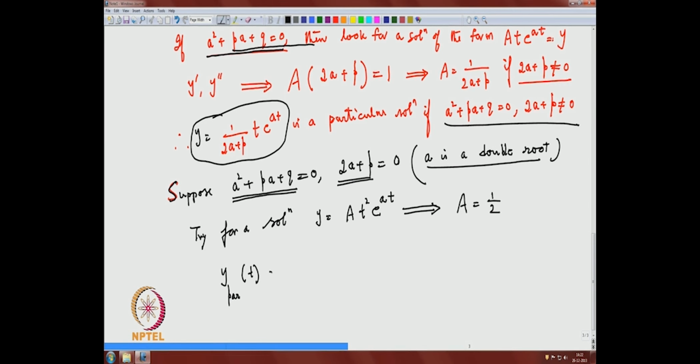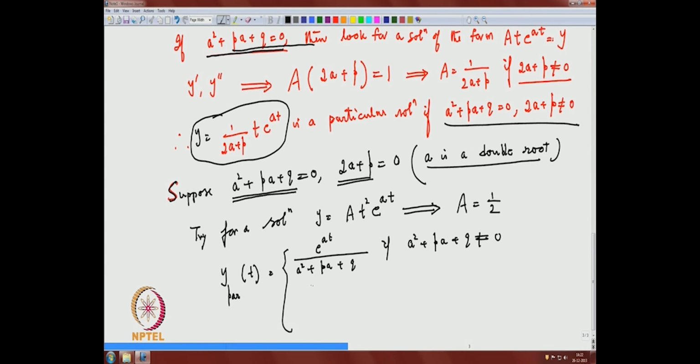Therefore, you get your particular solution y particular of t equal to e power a t by a square plus p a plus q, if a square plus p a plus q is not equal to 0.